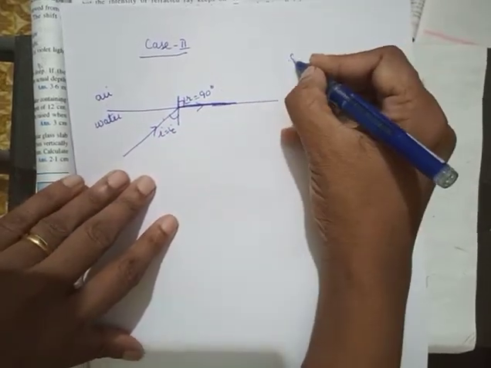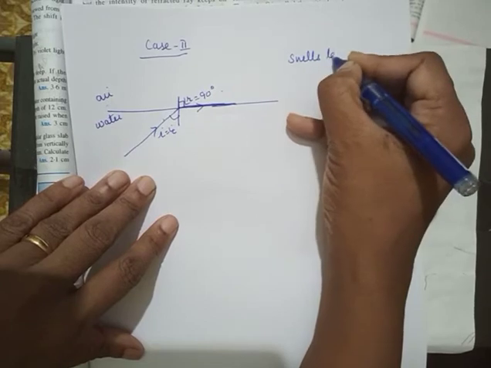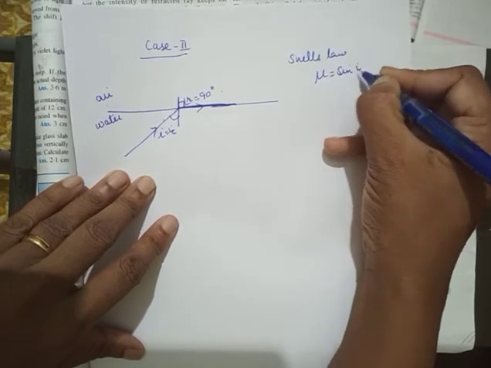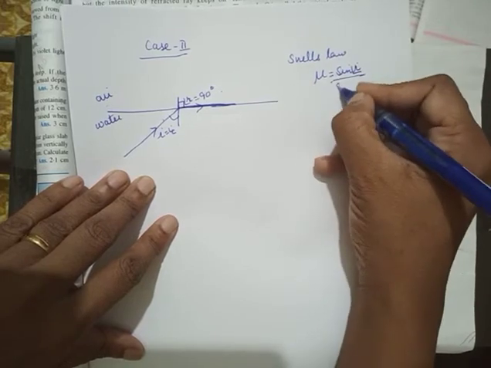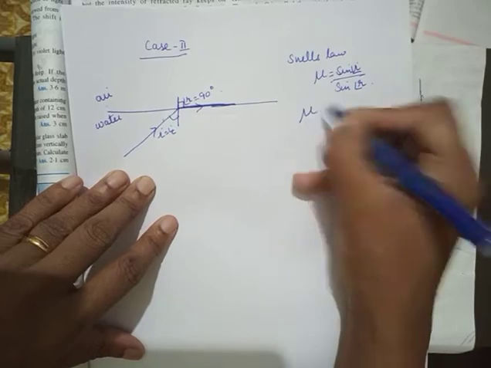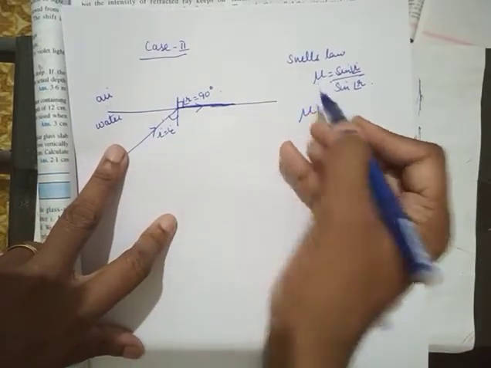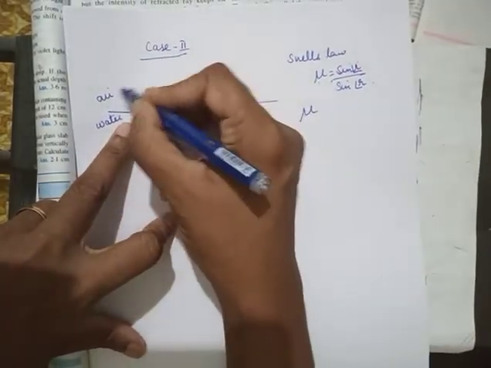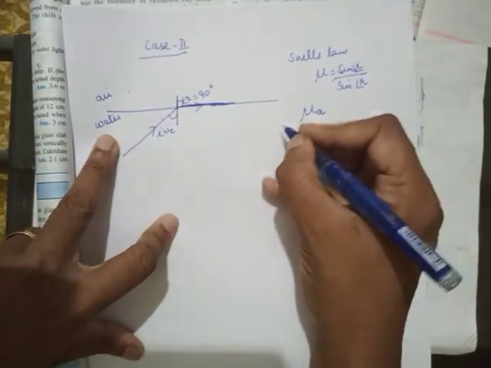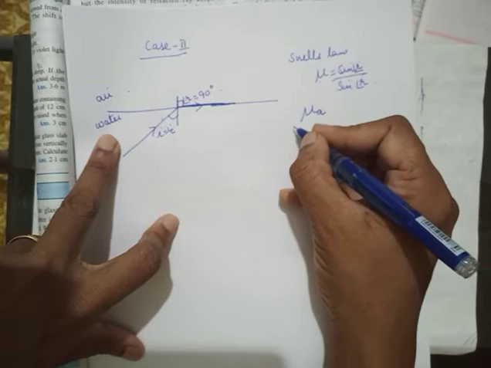So if you remember Snell's law, what does Snell's law say? Refractive index is equal to sine of angle of incidence upon sine of angle of refraction. Now, always when you find refractive index, it will be of the medium into which it is going, with respect to the medium from where it is coming.